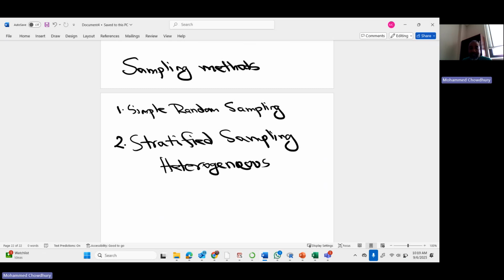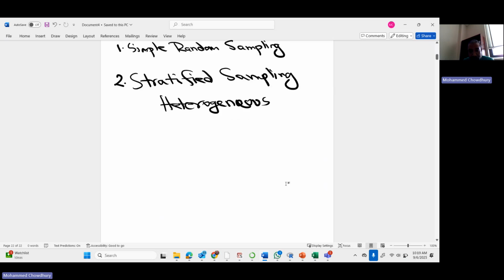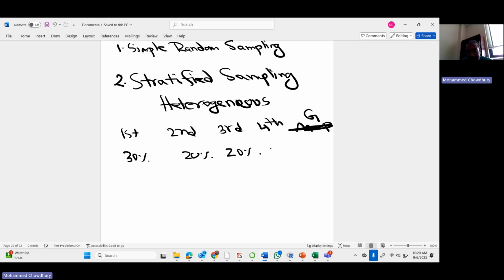For example, there are first year students, second year students, third year students, fourth year students, and graduate students. Suppose this group has 30% of students, this has 20%, this has 20%, this has 20%, and that has 10%. So this is heterogeneous.